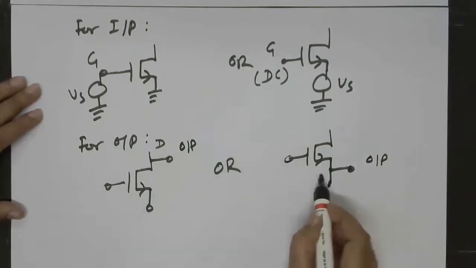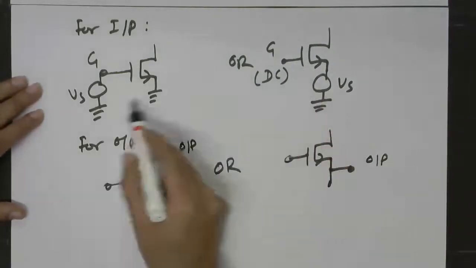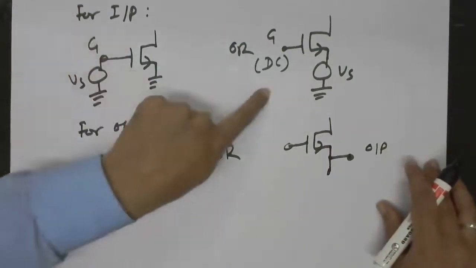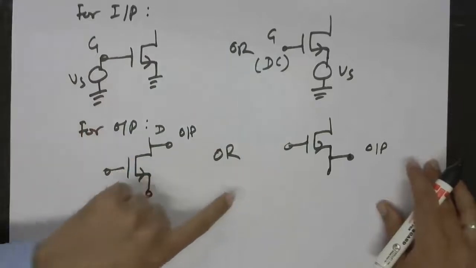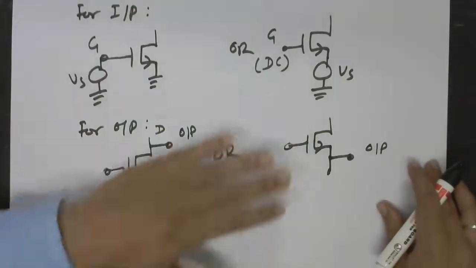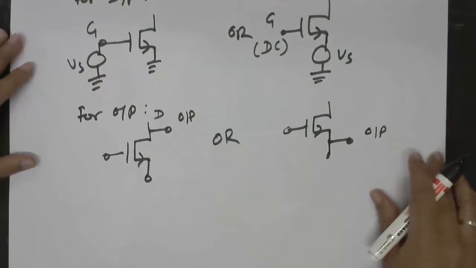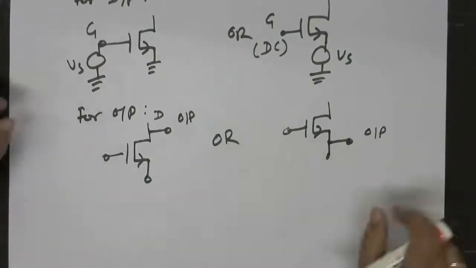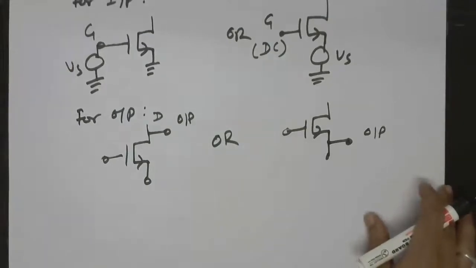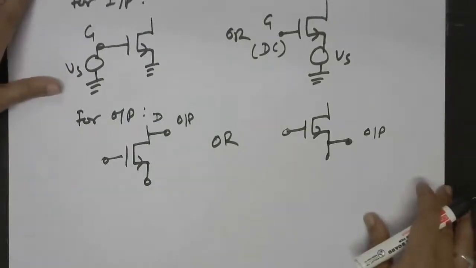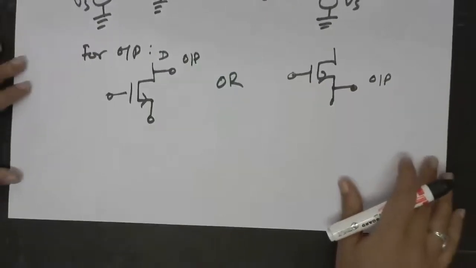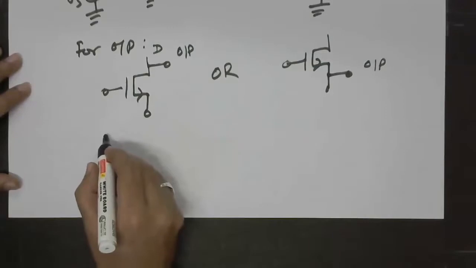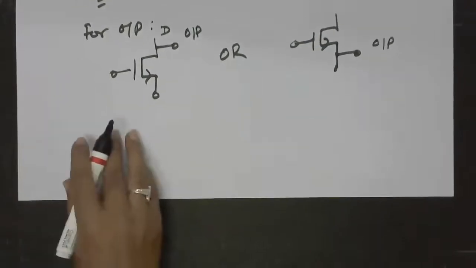And again gate and source will be decided by one of these two input conditions. So we see that for input there are two possibilities, for output there are two possibilities. On the whole, there are four possibilities when you combine both inputs and outputs for a chosen MOS. That means there are four so-called amplifier configurations. So we can now list all those four and see which of them will be meaningful.